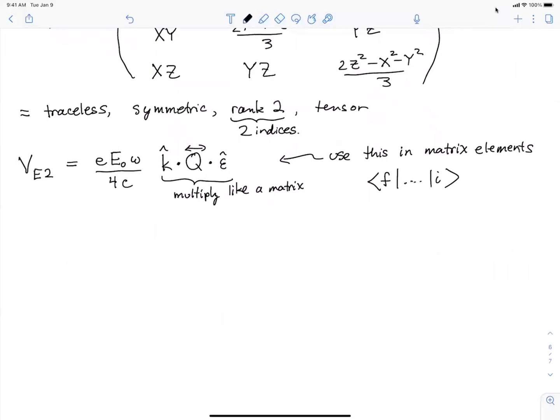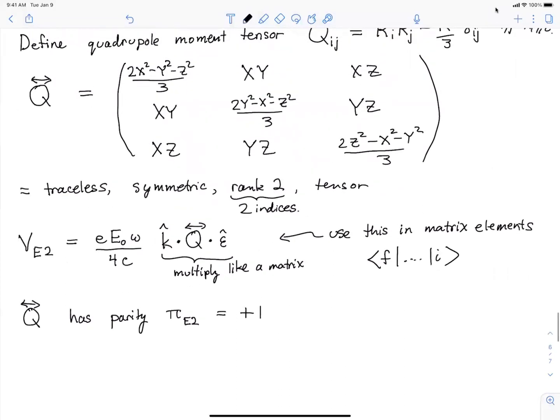The most basic one and the easiest one is that it has parity +1. So I'll write the parity of the E2 operator is +1.